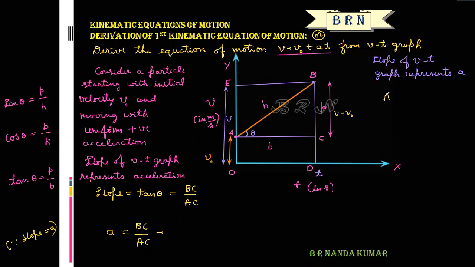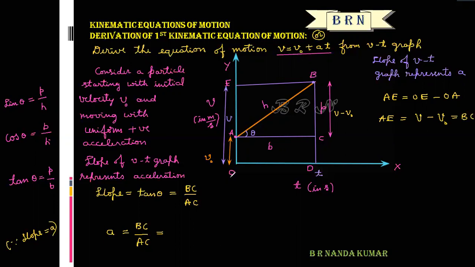So AE is actually equal to OE minus OA. OE is the final velocity. OA is the initial velocity. Okay. And AE is exactly equal to BC.